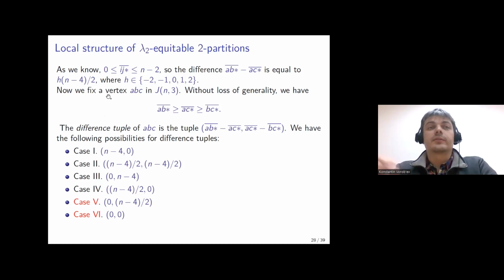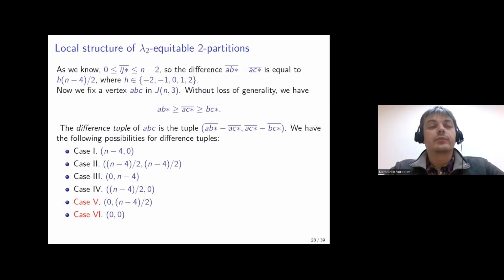As a result, we have 6 possible variants of these difference tuples. So you see cases from 1 to 6. And each case requires some time and space to prove. Actually, the whole proof for all cases is more than 10 pages.